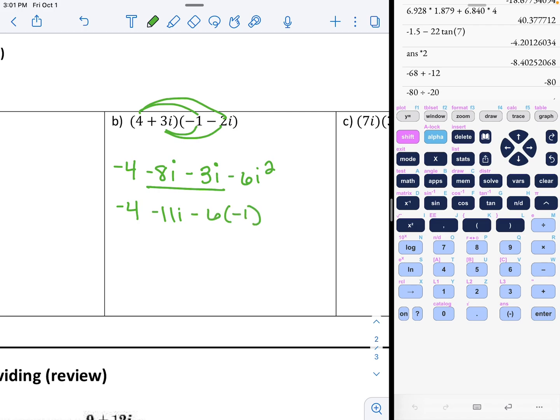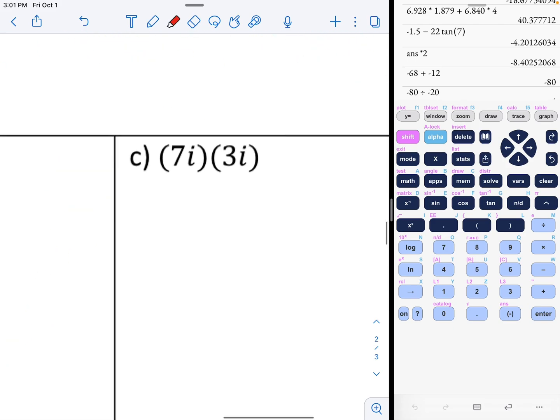You may skip that step and jump straight to this step if you're feeling more comfortable with it, because remember, i squared is a negative 1. It's simply going to change your sign in the steps coming. So now I can put negative 4 and 6 together, and I end with 2 minus 11i, which now that we've done this, we could technically plot and find the absolute value.